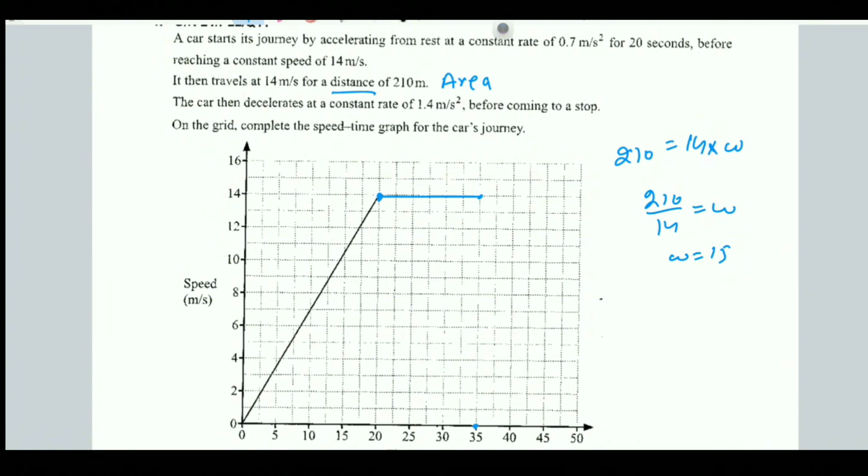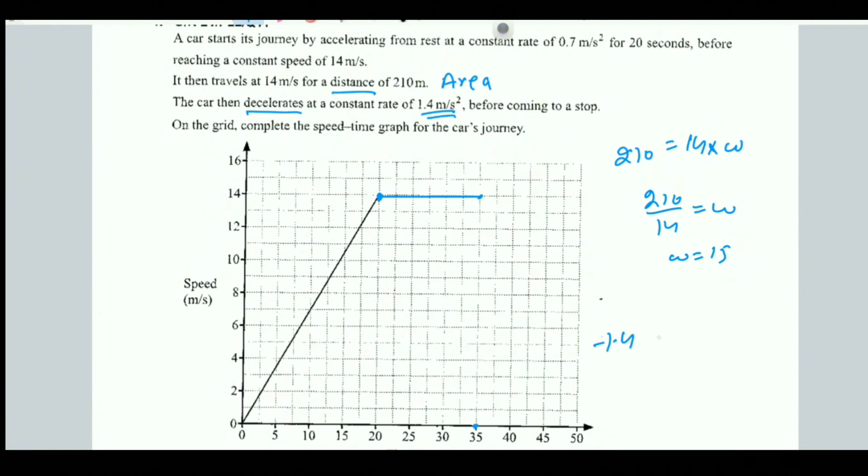Then the car decelerates at the constant rate of 1.4. Decelerates here means gradient, as you know, and this is the value of the gradient. So we will use the formula of gradient here. Gradient m is equal to y2 minus y1 over x2 minus x1. Deceleration is always negative, so the gradient will be negative 1.4.